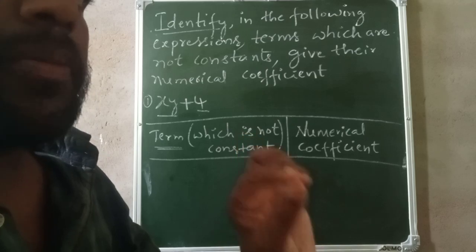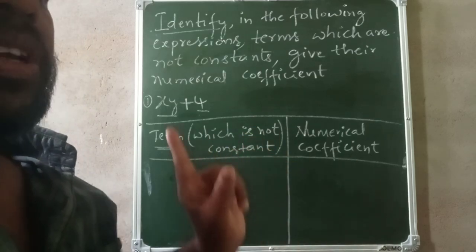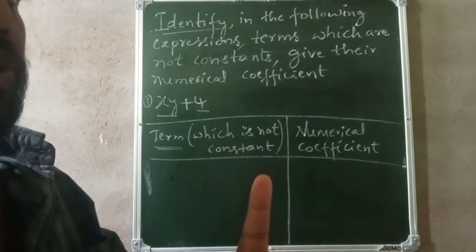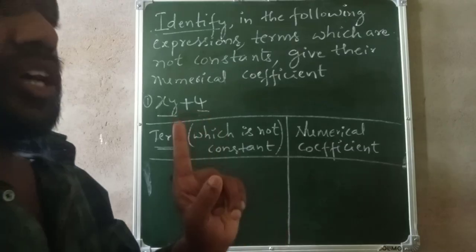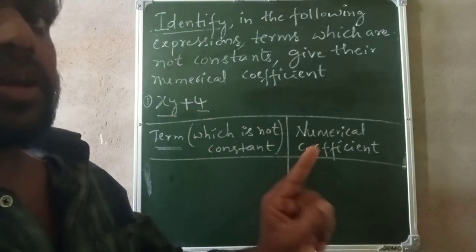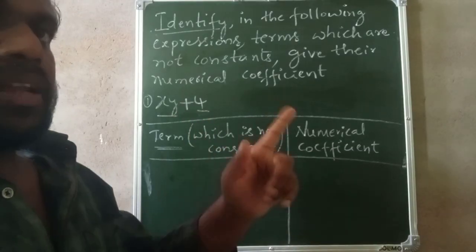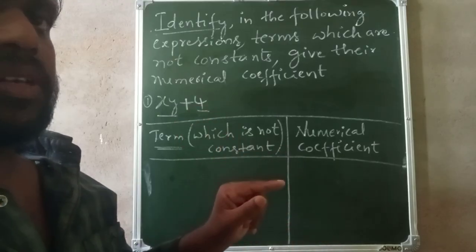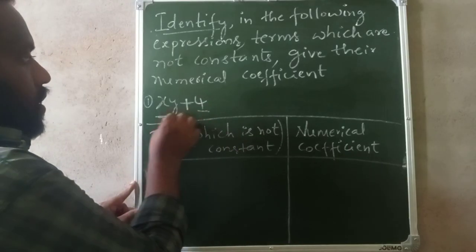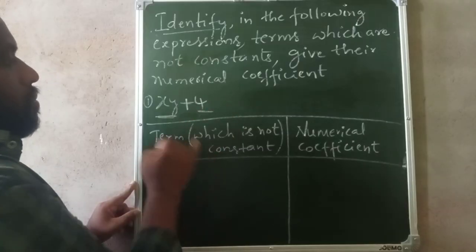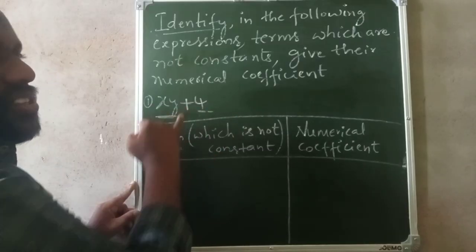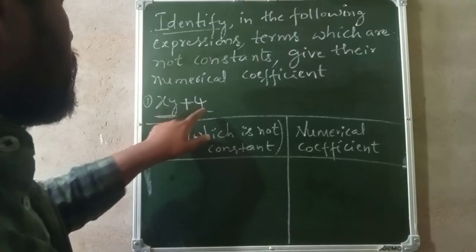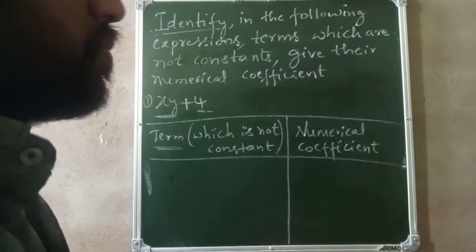Terms are separated by plus or minus sign. Here minus is not there, plus is there. So this is one term, this is another term, because between them one plus sign is there.